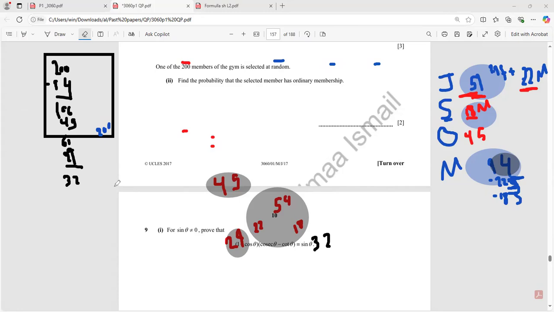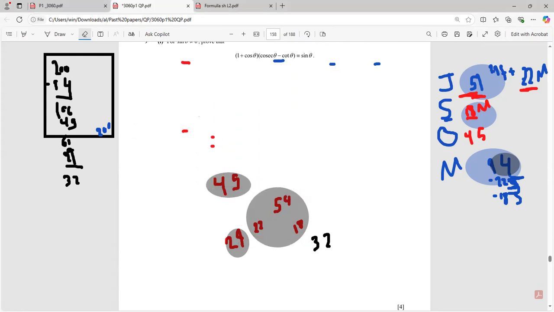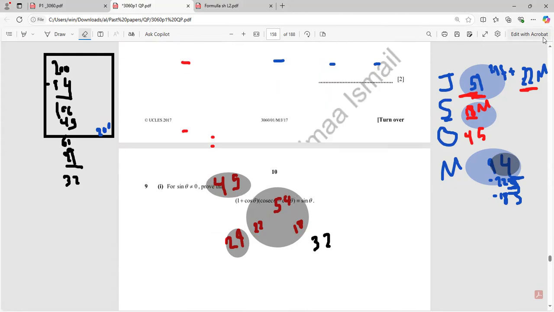The ordinary members are outside the senior, outside the junior, which are 54 from the male and 45 from the female. They are ordinary, not senior, not junior. Actually, this question needs a translator. But anyway, that is the ordinary.